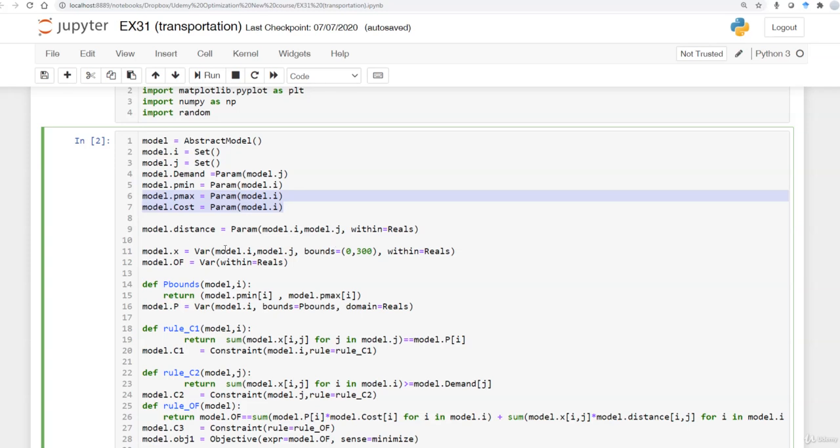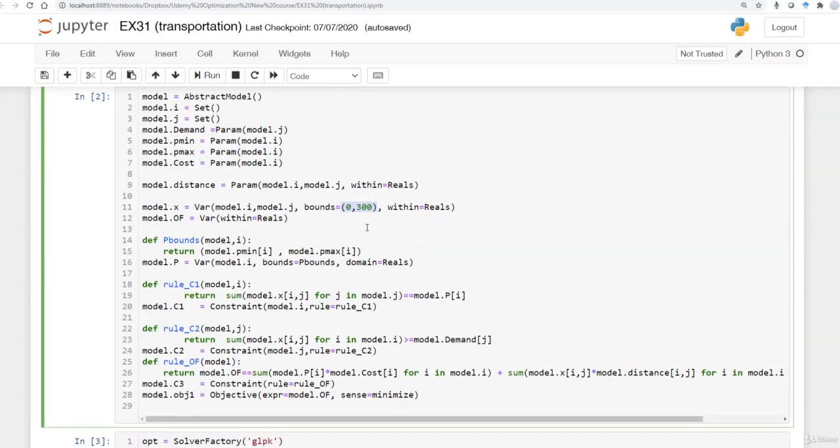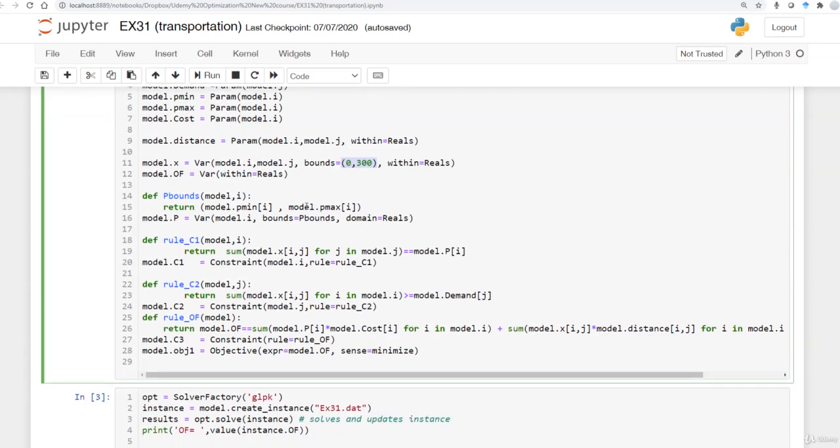There's a variable x telling us how much good is moving from factory I to the demand point J, and it is defined as a real number. We could define it as a positive real, and also it has a bound between 0 and 300, for example. And there are some bounds for the generation side or the production side.